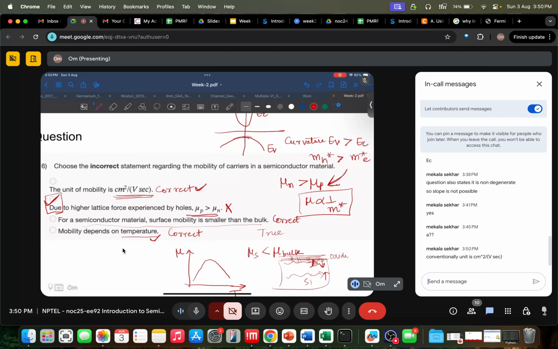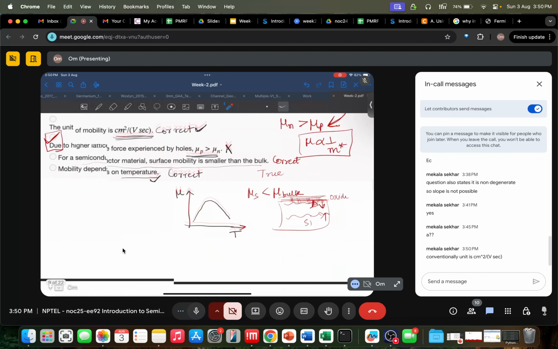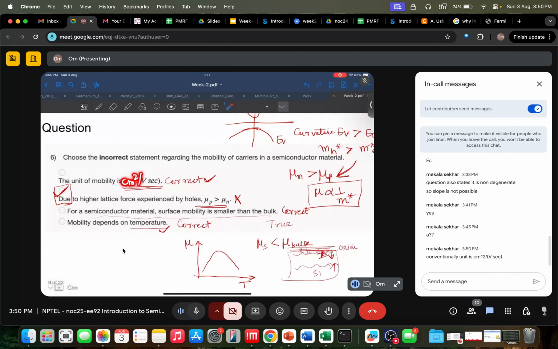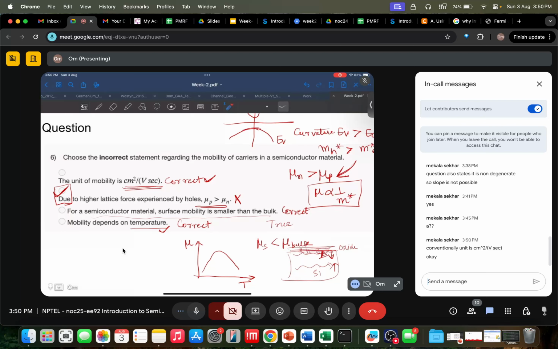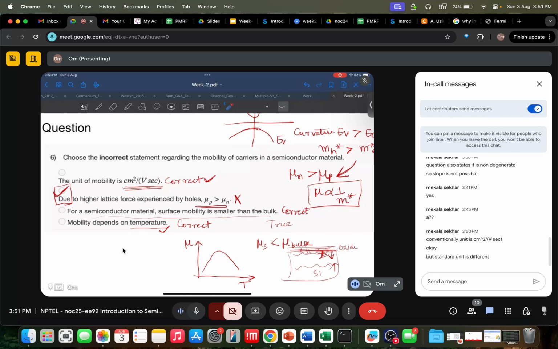Yeah, conventionally the unit is centimeter square per volt second. That's what is given right here. Centimeter square per volt second. This slash here may not be visible clearly. Are there other options clear?